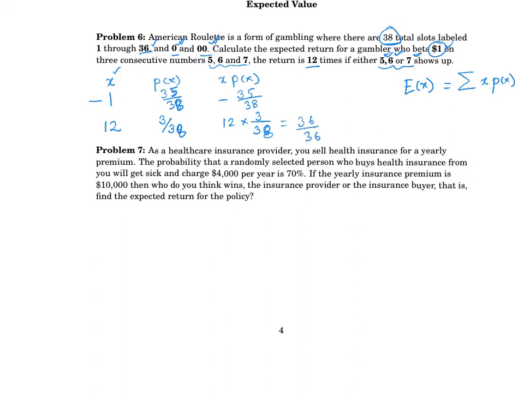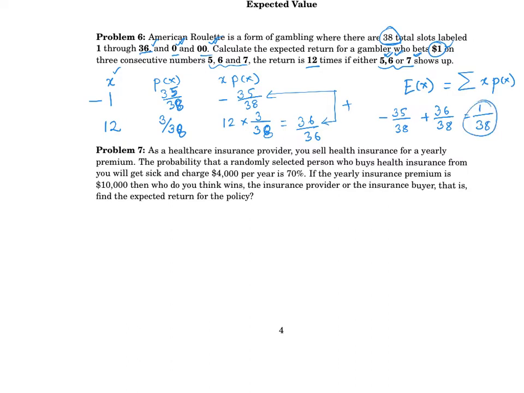Okay. Now you need to add these two. If you add these two, you're going to get your expected return. Negative 35 out of 38 plus 36 out of 38, which is just negative 35 plus 36 is 1, right? 1 out of 38. So your expected return in the gambling is 1 out of 38.